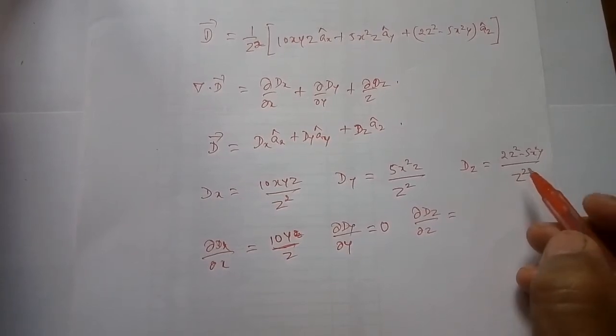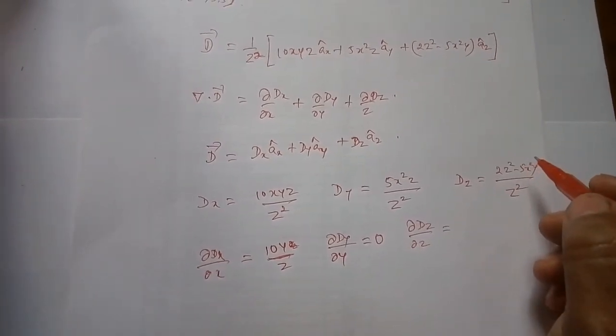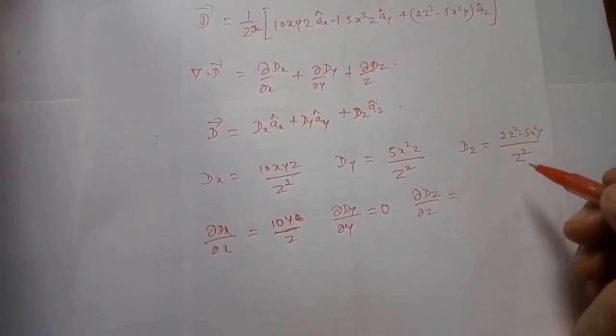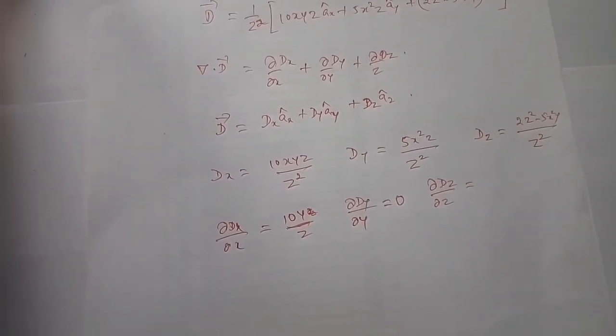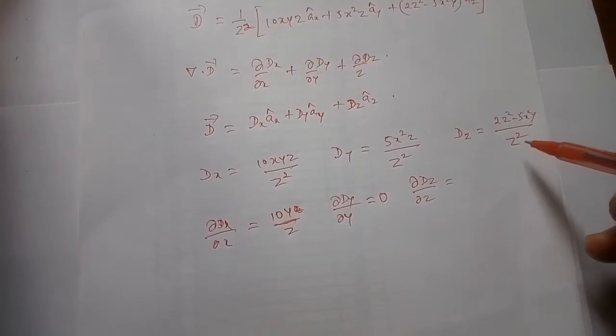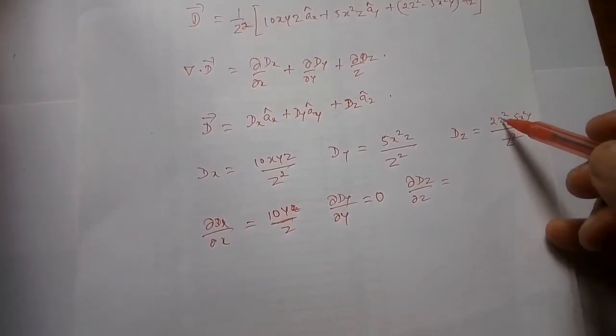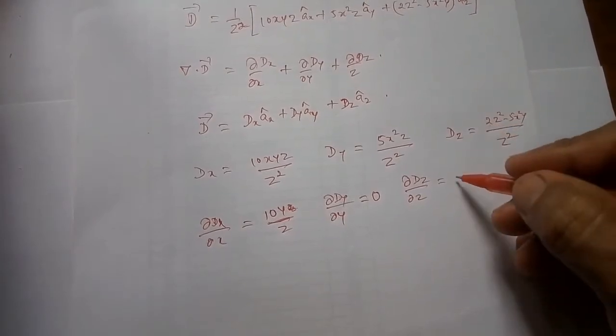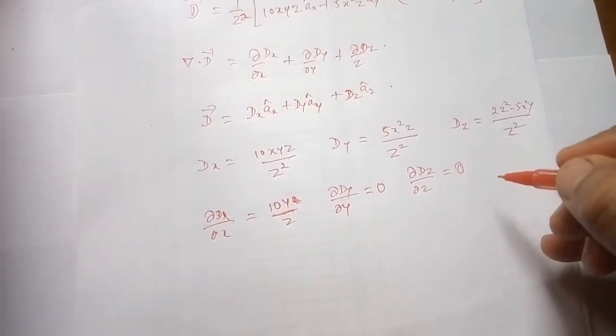Of course, there are two parts. The first part, z square gets canceled, so only a constant is left, so therefore it is 0.